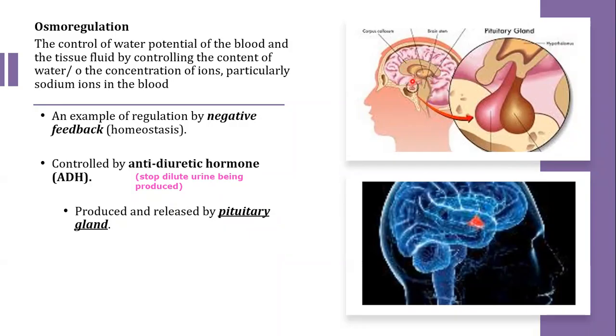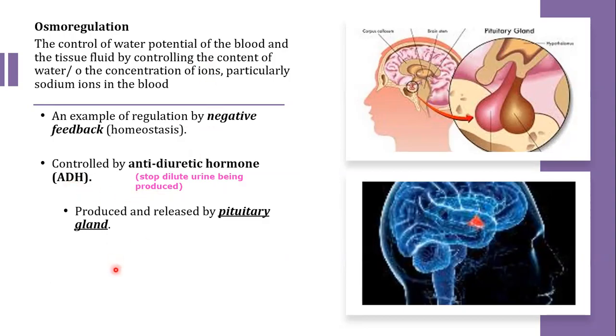In your brain, you have the hypothalamus here. So this hypothalamus will have the osmoreceptors, receptors that will detect any changes in water potential in your blood. When it detects that, it will trigger some neural responses, which will then stimulate the posterior pituitary gland to release ADH, or antidiuretic hormone.